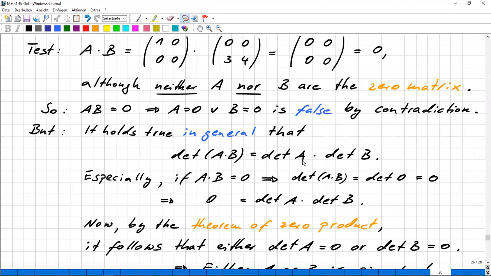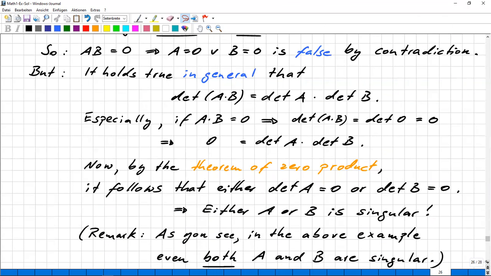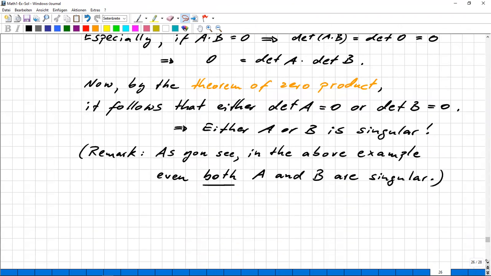And that's why this time, either this factor must be 0 or this factor. One of them is the determinant of A, the other is the determinant of B. So indeed, either A must be singular or B must be singular. And that's quite a nice result.